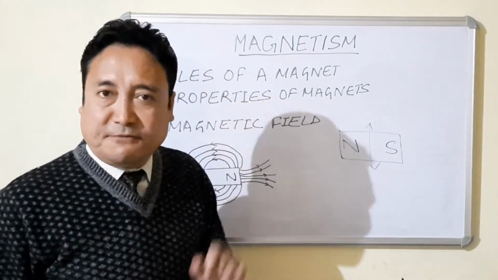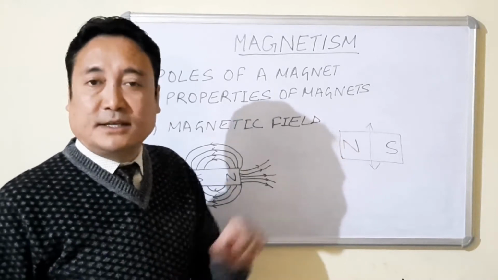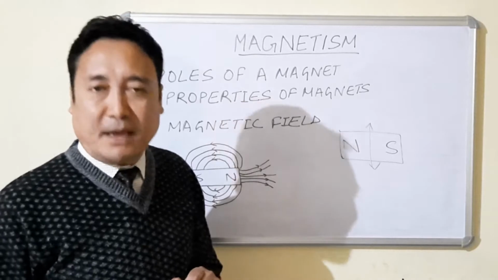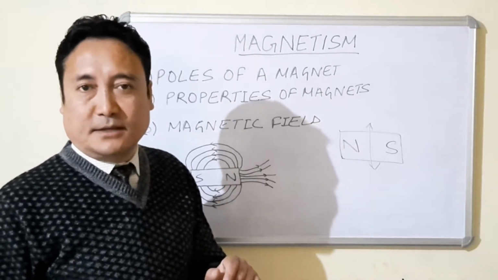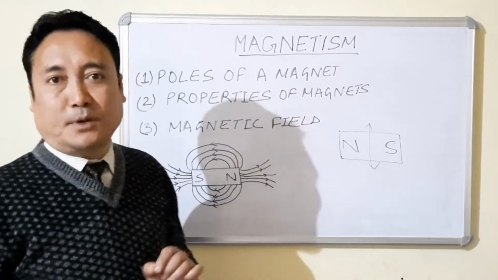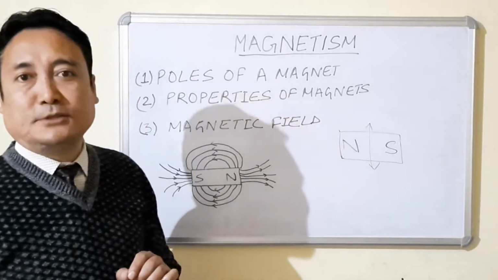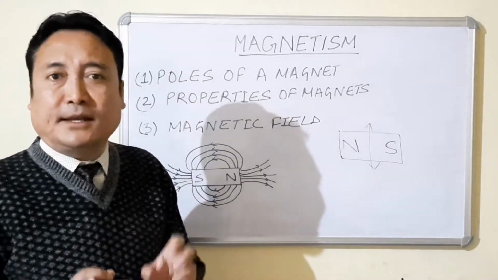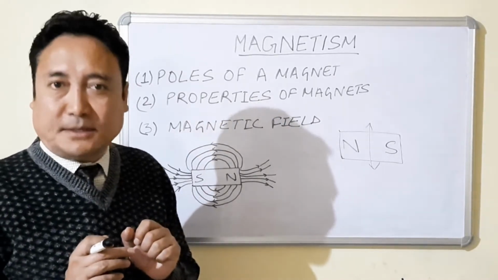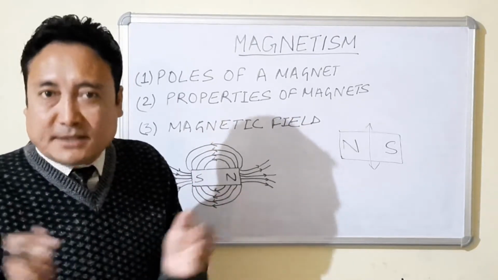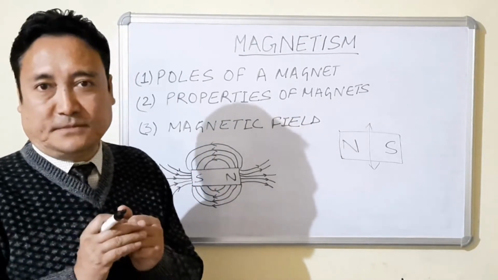When we define the poles of a magnet, it is the region on the magnet where the attractive property is maximum. So when you bring a magnet near magnetic substances, these substances get attracted maximum at the poles rather than at the center.